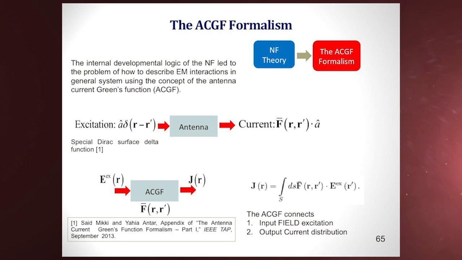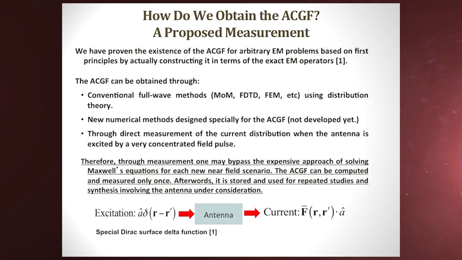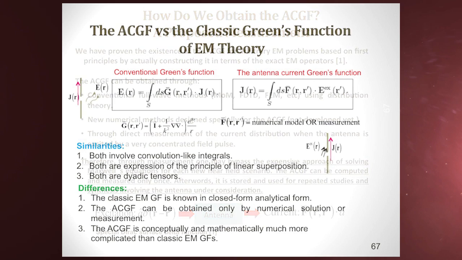But you actually have the current in the antenna. Once you have a transfer function for the antenna, then you don't have to redo the analysis every time. So use it just like you use it in system analysis. And here we have a method we propose for how you can even do measurements and determine it.